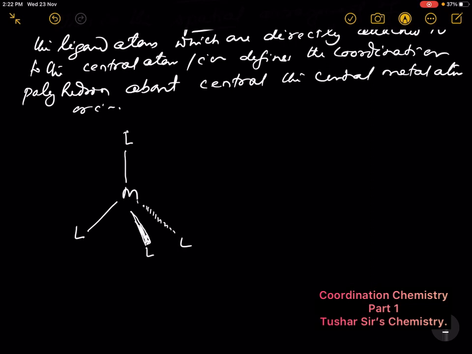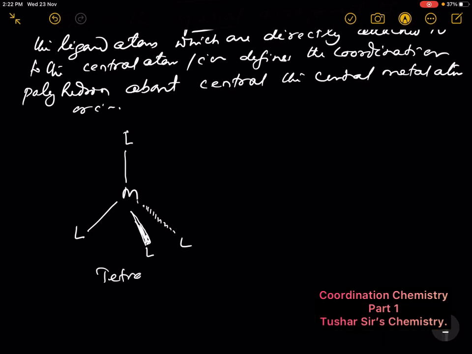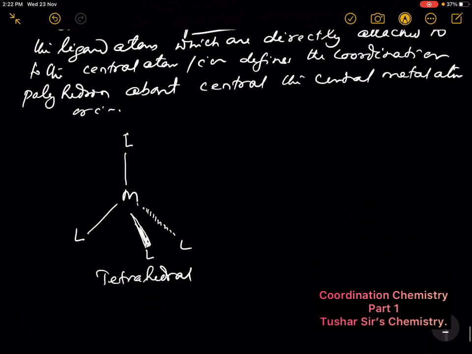Here I have written polyhedron; poly means many, and instead of poly I have written tetra. Here it is tetrahedral, bonded to 4 ligands on 4 different sides, and here most probably the hybridization of the metal atom will be sp3.